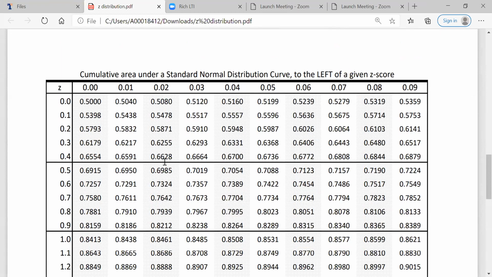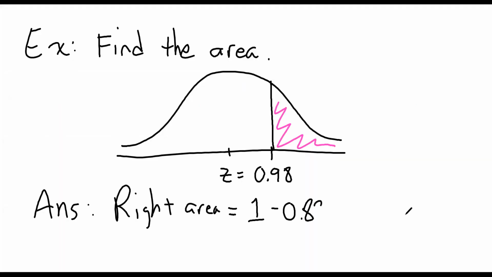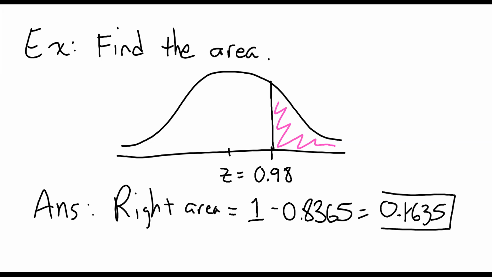Here's 0.9, here's 8, and so the left area is 0.8365. If you subtract, it's 0.1635, meaning that in a standard normal distribution, there's a 16.35% probability that a value is greater than 0.98.